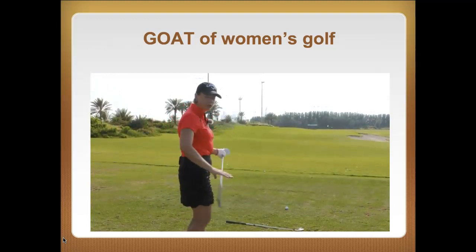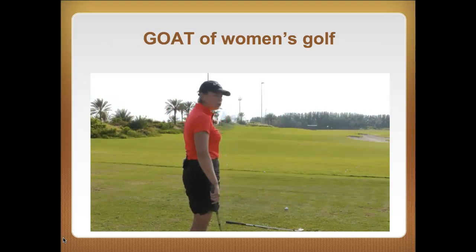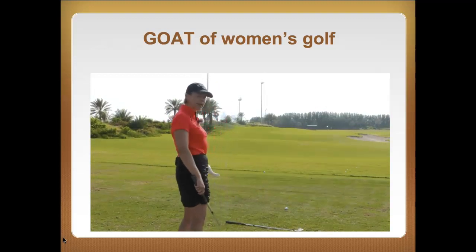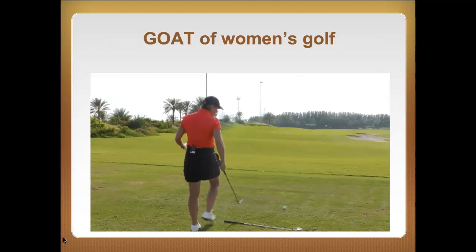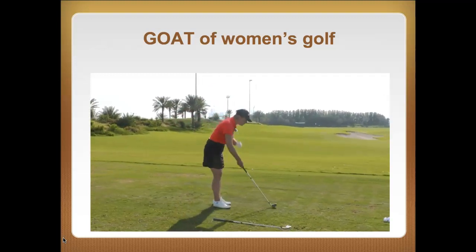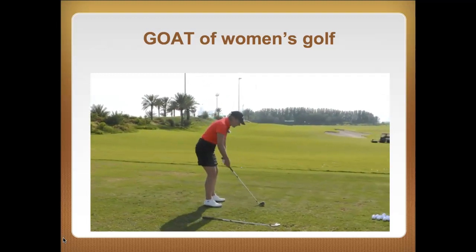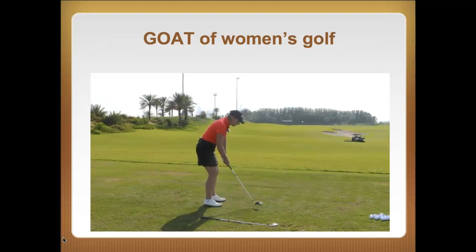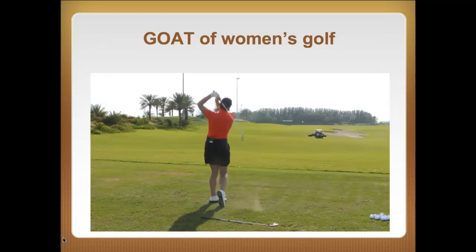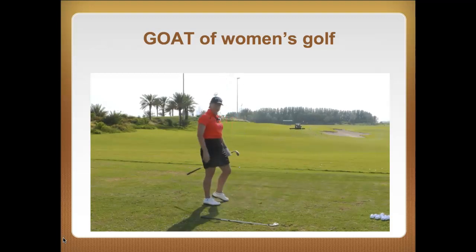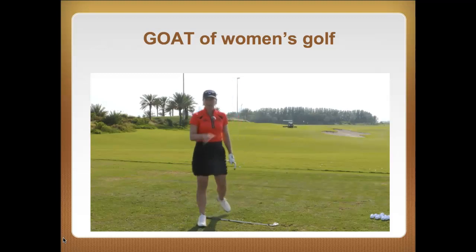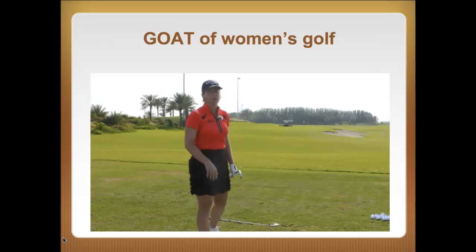And when you feel like you're ready, take a last look at the target and then step over this imaginary line. And this is where you trust your commitment. Trust your decision over there. Line up the club, do a little waggle to get rid of the tension, and then execute. Try this at home. It's all about making a decision and committing to it, and I guarantee you will lower your score.